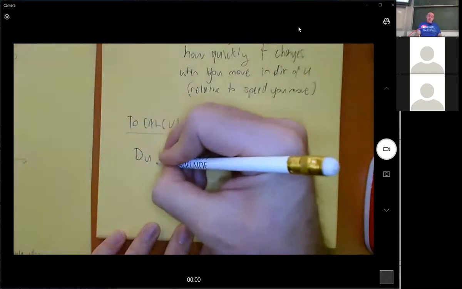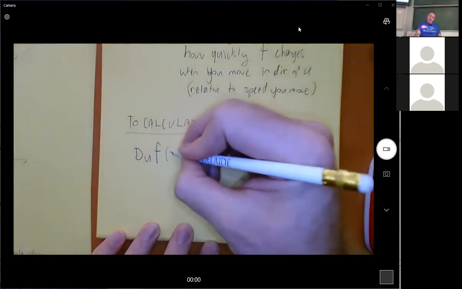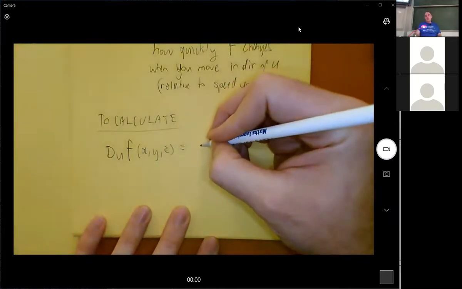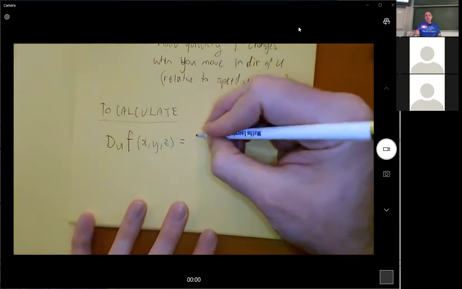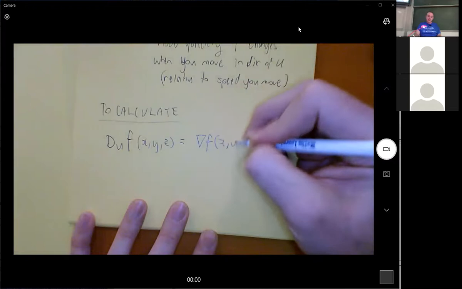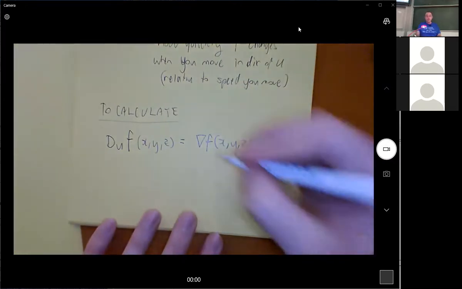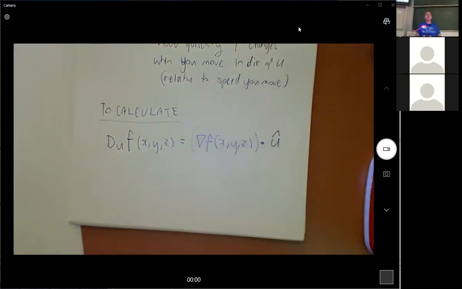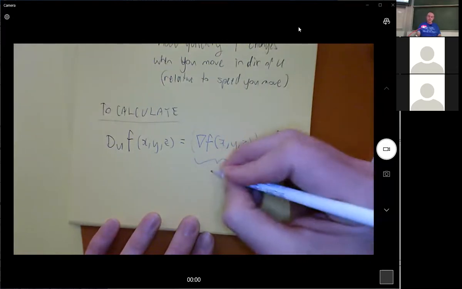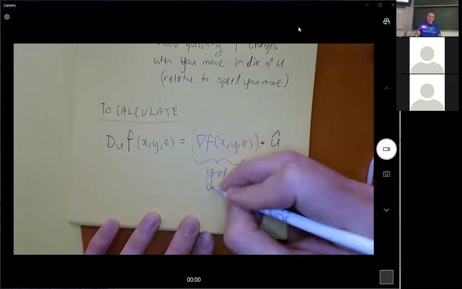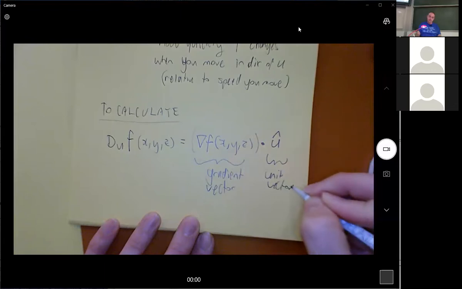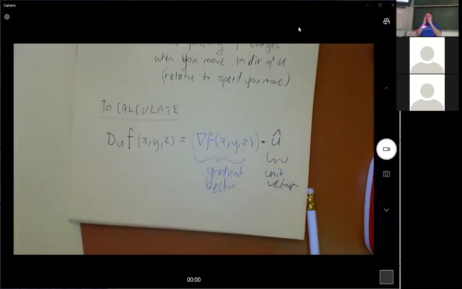The directional derivative in the direction of u, of f at x, y, z is the gradient of f at the point x, y, z, which is a vector, dot with a unit vector in the direction of u. And when you do that dot product, it will produce a number, and that number is the directional derivative.